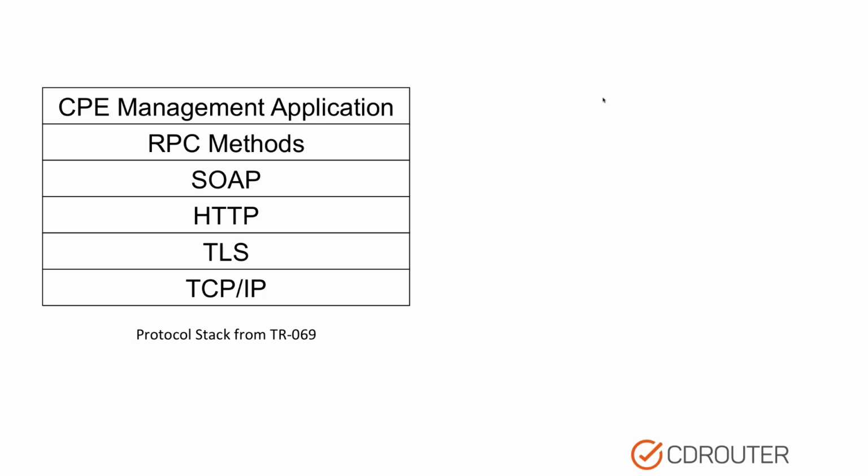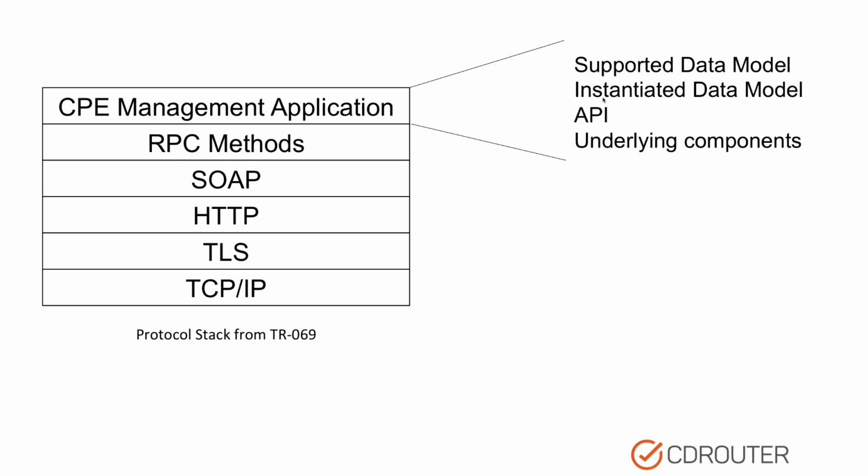That is the system that is using TR-069 to interact with the TR-069 system, but really underneath is using it to make actual changes to the device. And that's really comprised of the data model, and that's both the supported data model and the instantiated data model. The supported data model is a description of what a device supports versus what the device is actually implementing at the time.